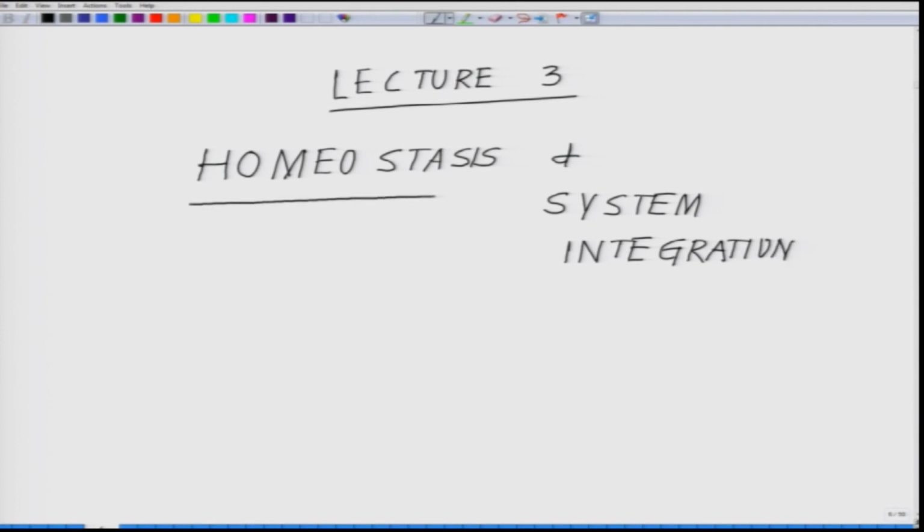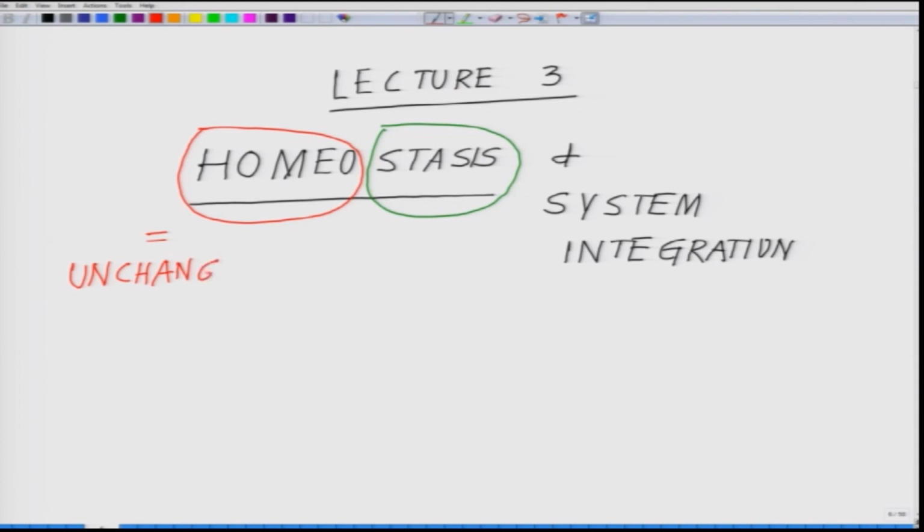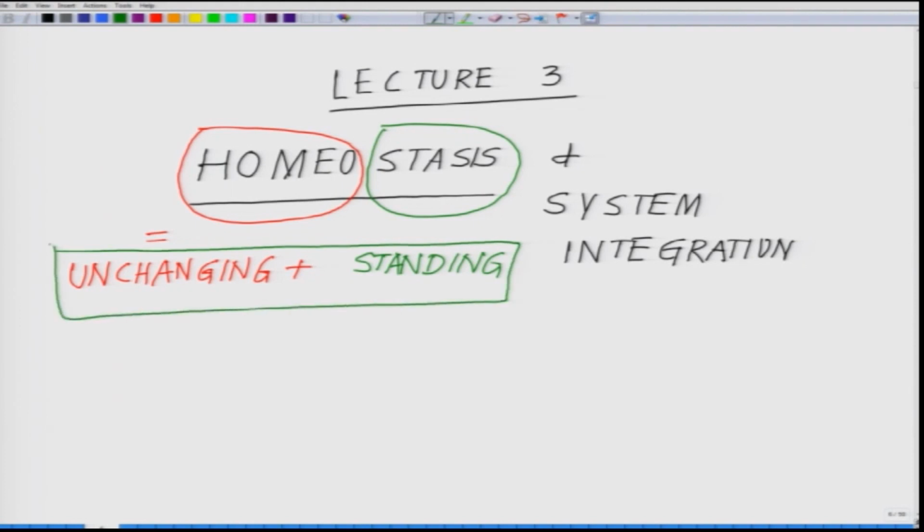What does this word homeostasis mean? If you break this word into two parts, homeo is one word and stasis is the second word. Homeo means unchanging, which is not changing, plus stasis means standing. So, the body maintains its status or recalibrates it, and this whole process is called homeostasis.